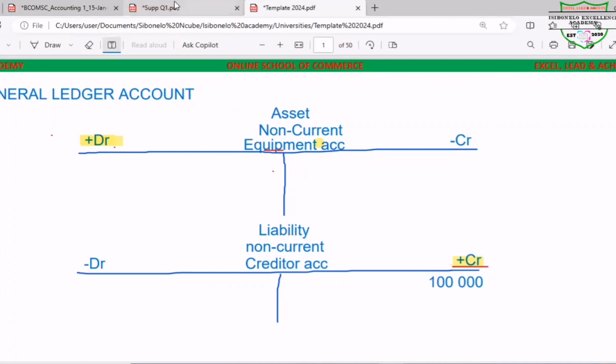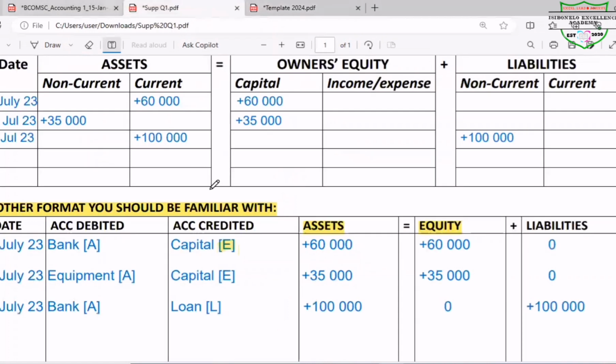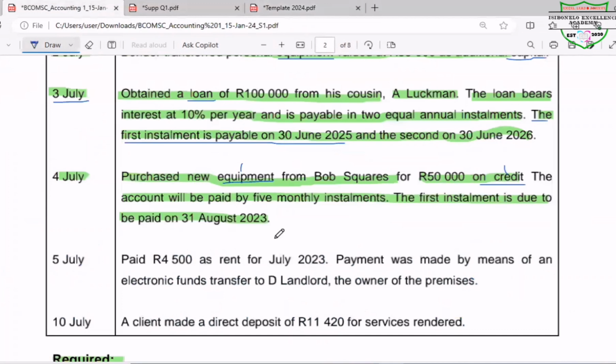Now let us read again the terms of repayment. We are told here that the account will be paid by 5 monthly installments. So the account is payable within 12 months. We're going to pay this 50,000 over 5 months, and after 5 months the balance will be paid in full.